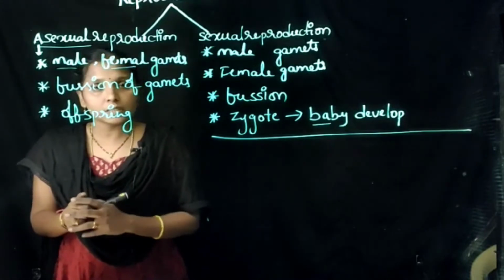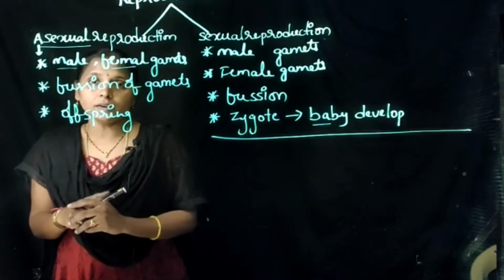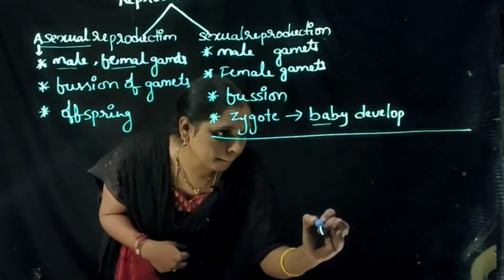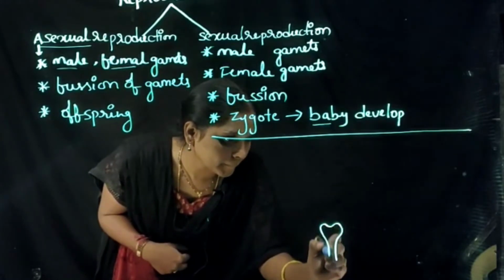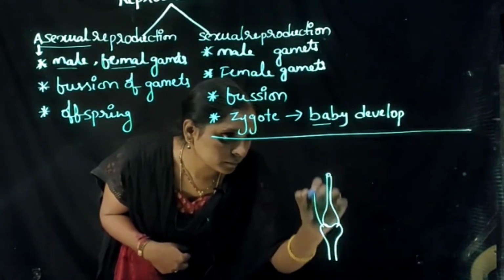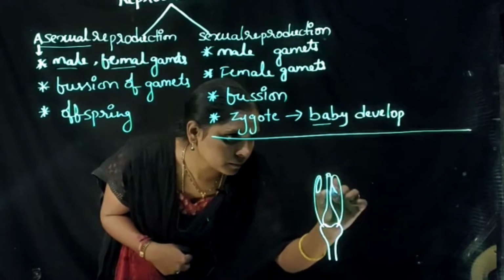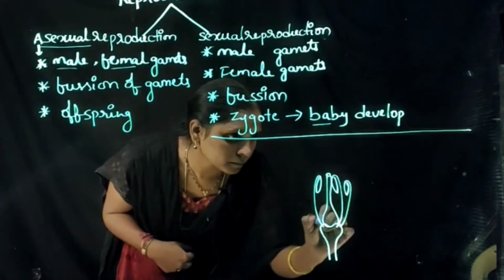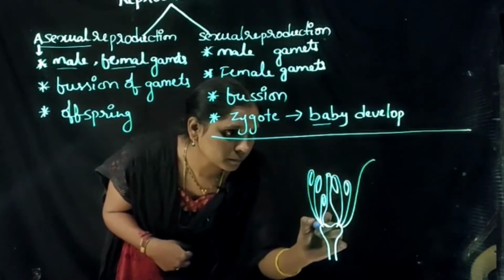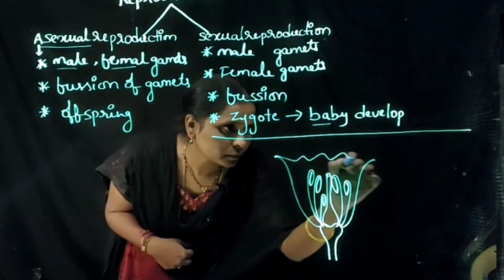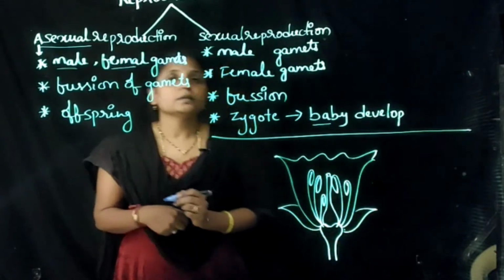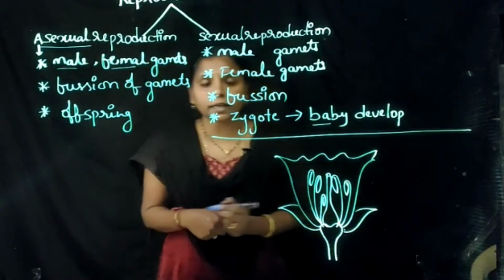First, once we see what are the parts of the flower. So this is one type of flower.